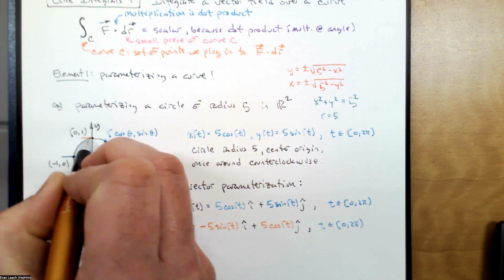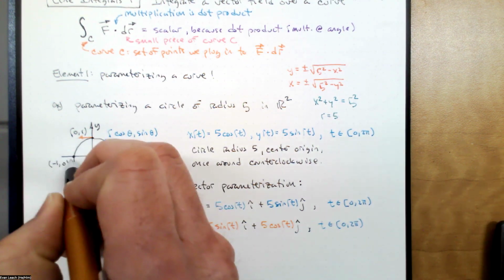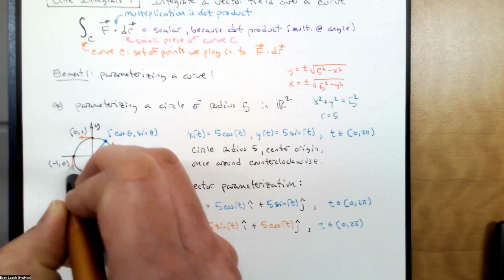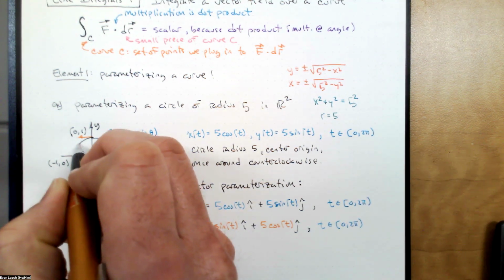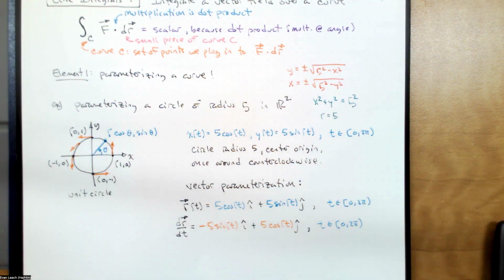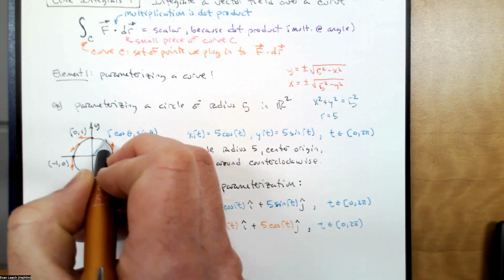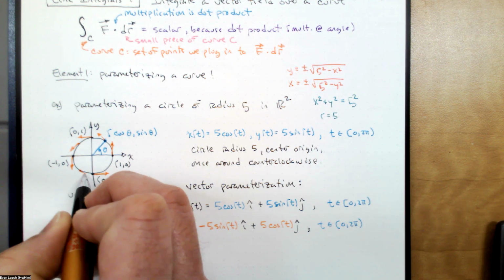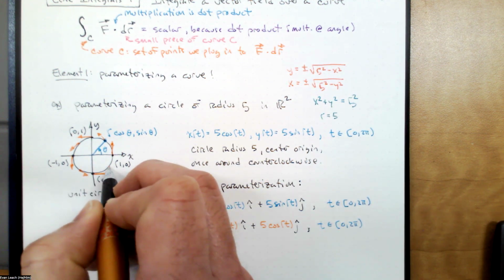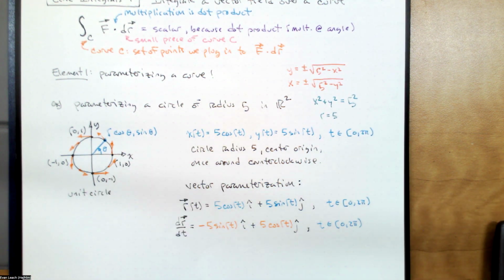The dr is always tangent to the circle. So in this case, the dr is going to be tangent to the circle.